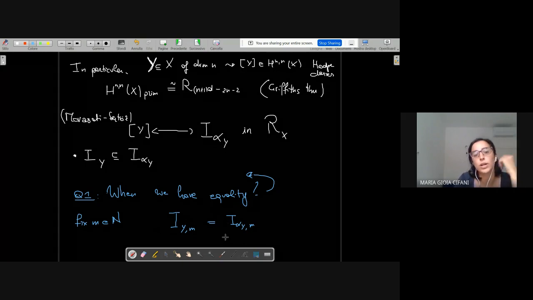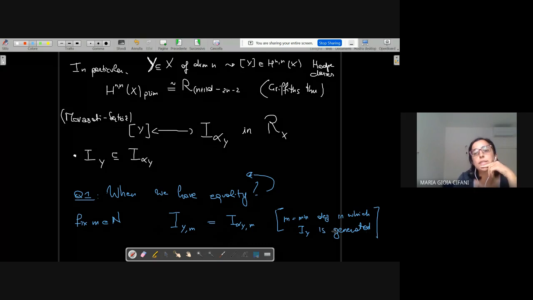Okay, so reconstruction means this. What we expect, if you want the smartest choice for m, is the minimum degree in which the ideal is generated.